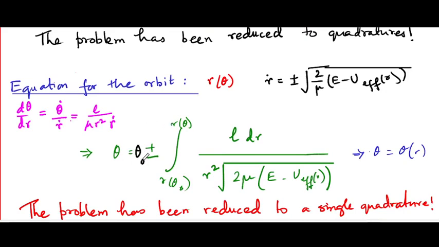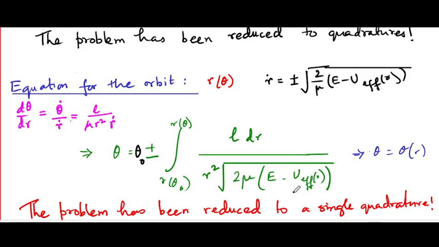I've mixed out theta 0 here. So theta equals theta 0 plus or minus this integral. The plus or minus sign here comes simply from the fact that r dot comes with a choice of both signs possible. And after that you just have to evaluate this integral: L dr by r squared, the mu in the denominator enters a square root as mu squared, cancels with 2 over mu here to give you a 2 mu.